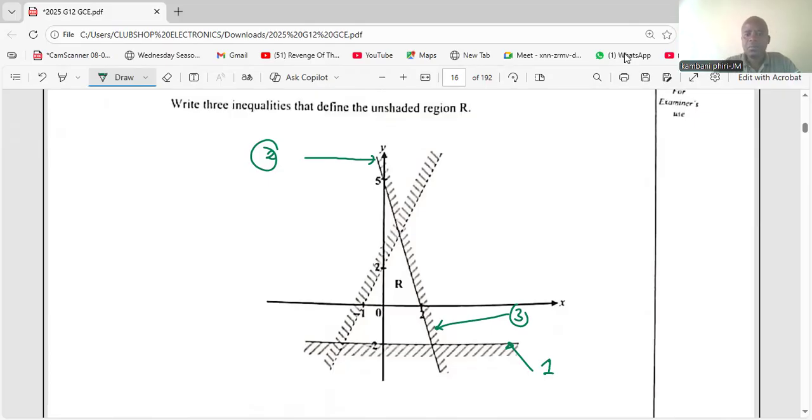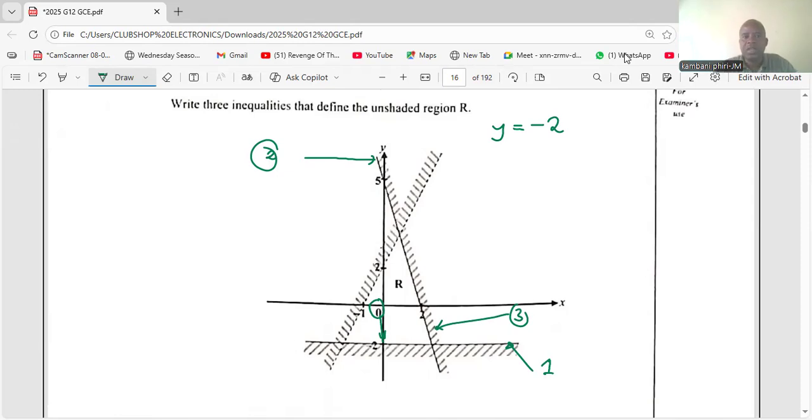Since it's passing through the y-axis only, I'll say y is equal to the intercept. At what point is this line meeting the y-axis? You can see that this is 0, so going down here, that is negative, so this number is -2. So y is equal to -2. That is your equation, right?